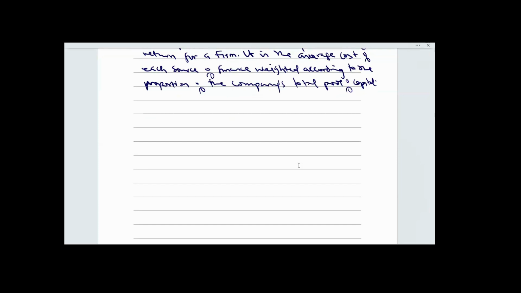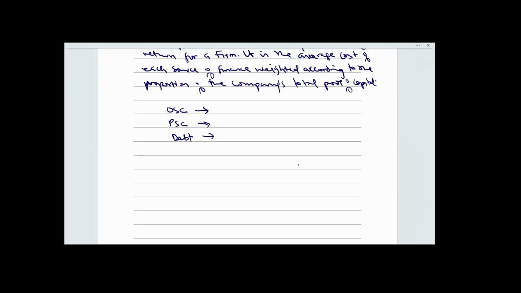Let's say, for example, in an ideal capital structure, I mentioned that there are three key major sources of long-term financing. We have ordinary share capital, preference share capital. We also have debt capital. These are major sources of long-term financing for a firm. Each source of finance has its own underlying cost.